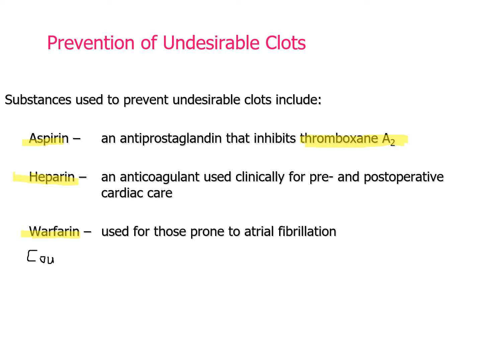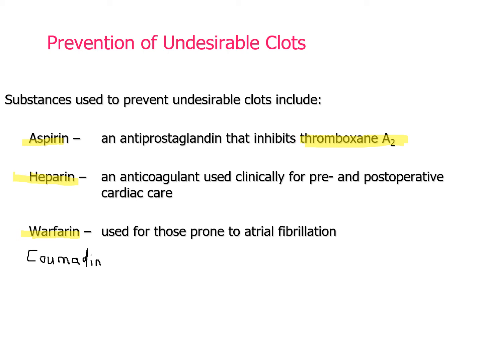It also happens to be used as a rat poison often. People buy Coumadin-laced food that rats like and lay it down, and the rats eat it and end up bleeding to death, because we're always bleeding all the time. We're getting little bleeds.